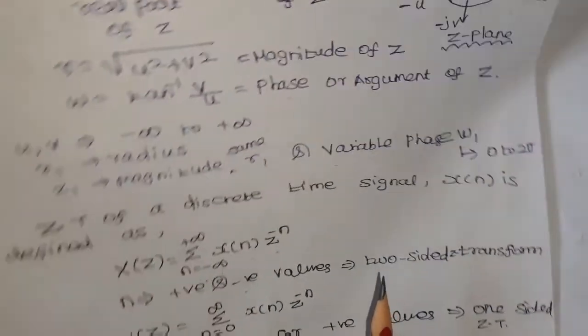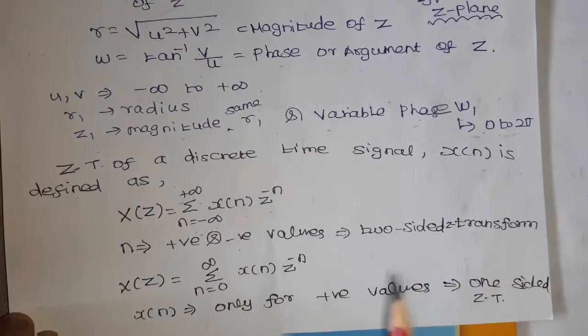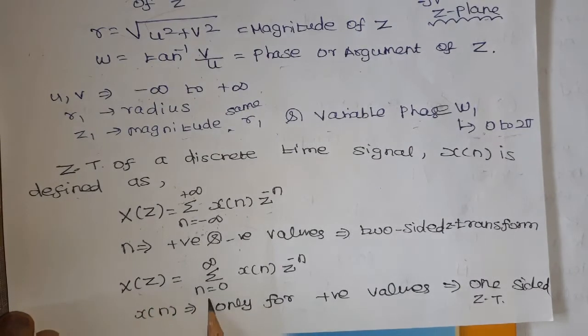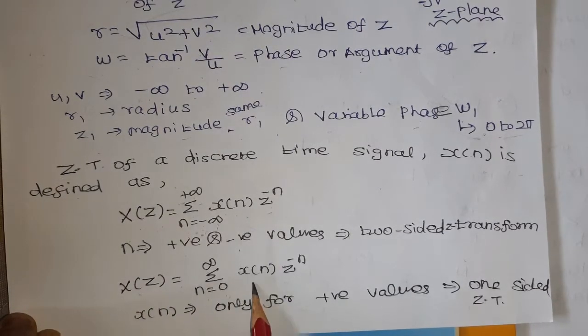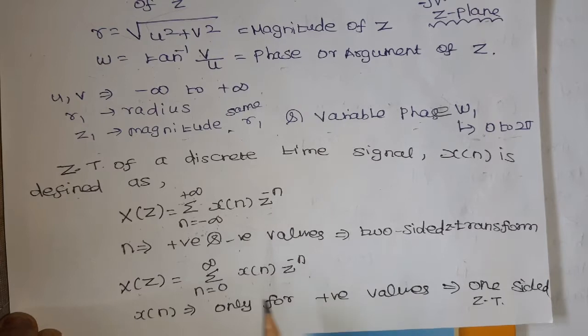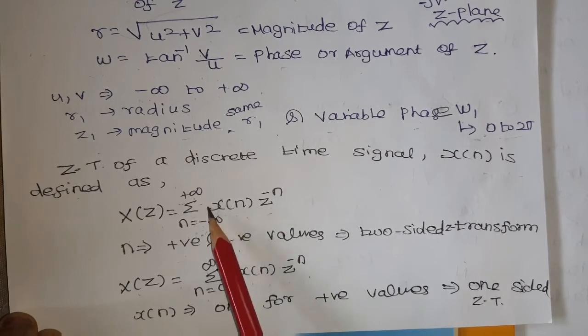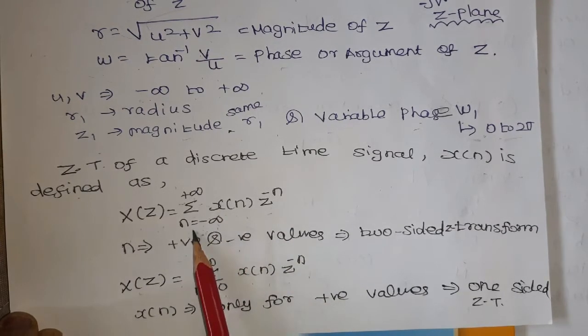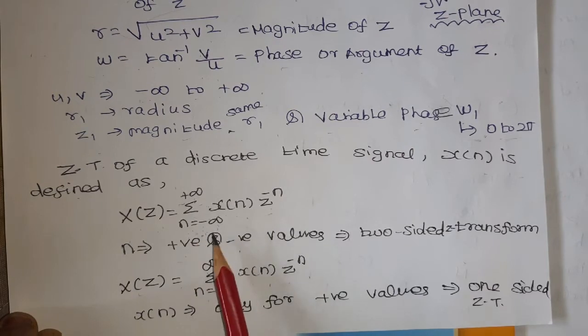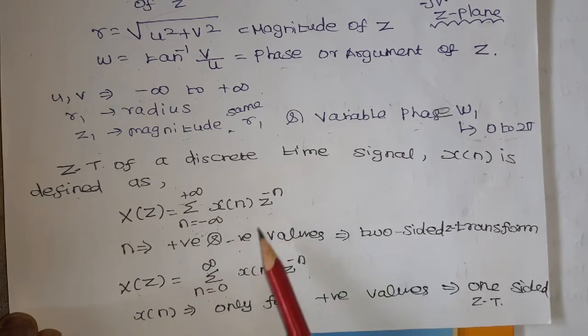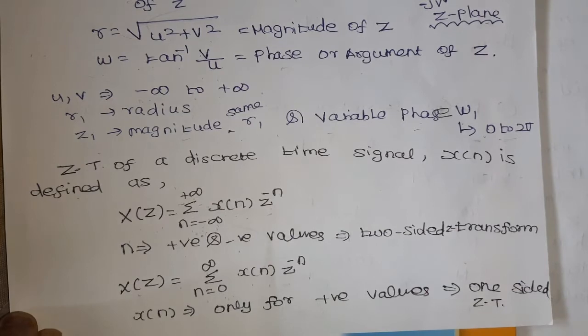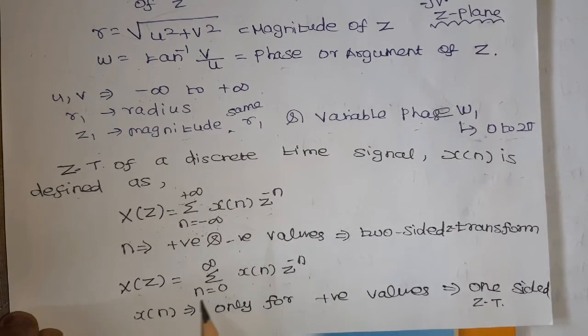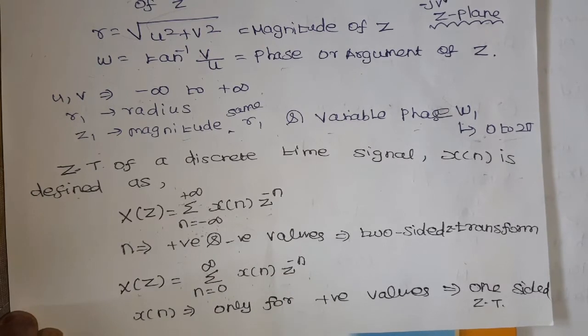See the next one. What is given here? X of z equal to the summation from 0 to infinity of x of n into z power minus n. What is the difference between the two definitions? In the first, n ranges from negative values to positive values, so it has both. Here it is only for positive values.